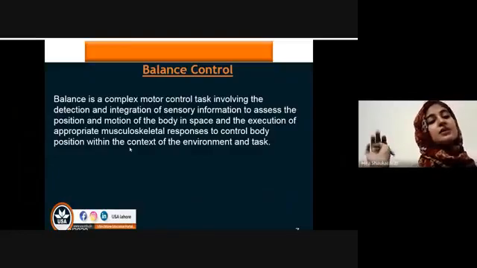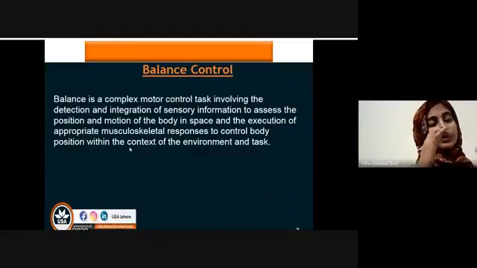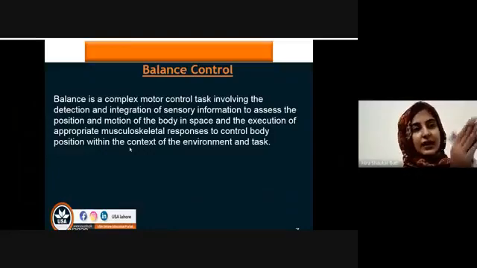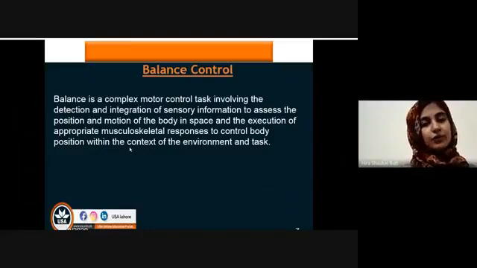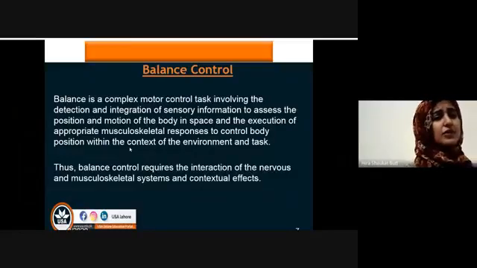Then come the contextual factors, which involve the environmental conditions and the complexity of the activity in which you have to maintain your body balance. So balance control requires interaction of the nervous and musculoskeletal systems and contextual effects.